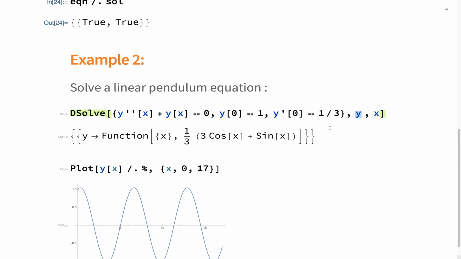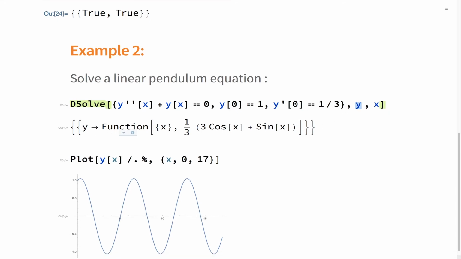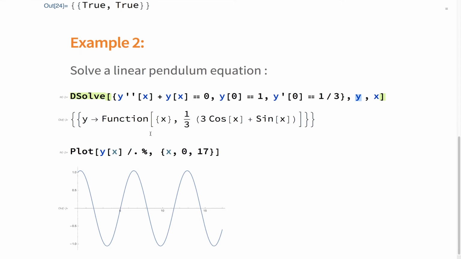The advantage of that is we get the result as a function now. And now we can draw this function for certain values of x for this solution, and we can see the plot as well. So this is the advantage of solving it for y instead of y(x) if you want to have the results in the form of functions, which you can use further.